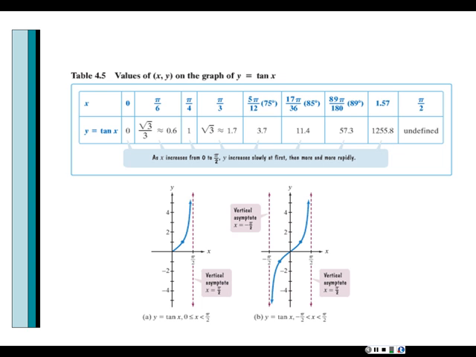Look at the values here: tangent 45 is 1. Compared to that, tangent 89 degrees is 57.3. So you see how exponentially it is increasing. It becomes undefined, which means it keeps getting higher and goes all the way to infinity.